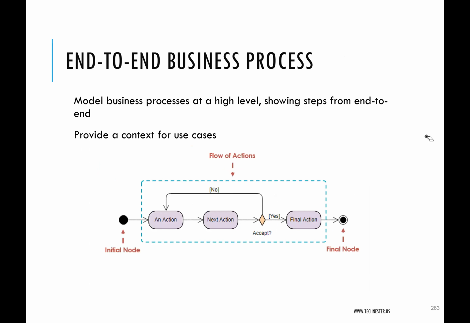So let's see how you would use process modeling. So end-to-end business process, right? The start to the finish of a business process. Now, your process model helps you model business processes at a high level, showing steps from end to end.